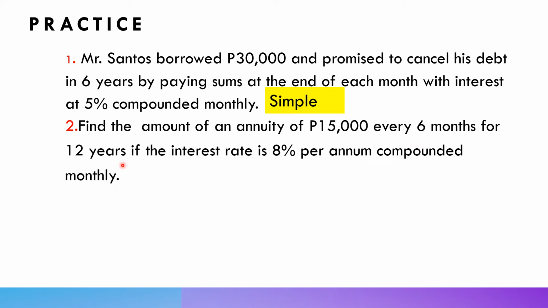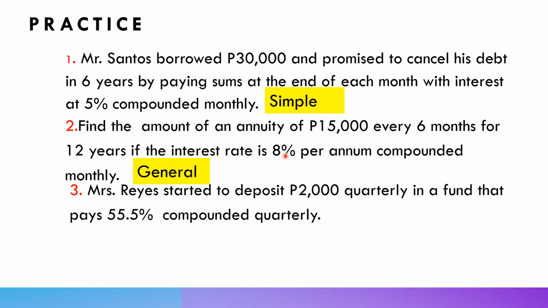That means, ibig sabihin po niyan is, 2 beses lang siya magbabayad ng kanyang annuity in 1 year. It is every 6 months. So ang gagamitin natin dyan, because not the same yung ating mode of payment and the rate, therefore, this is a general annuity.